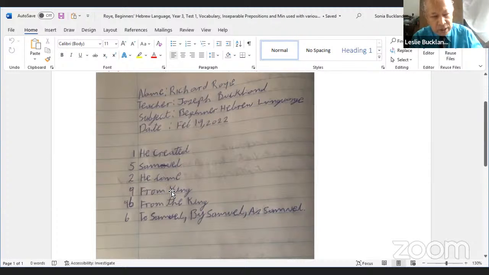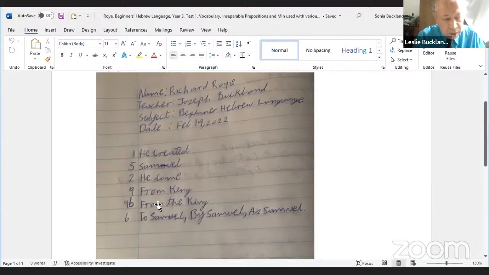But I mark this as correct because that's a literal translation of the 2 Hebrew words, the preposition min, which is from, and the noun melech, which is king.